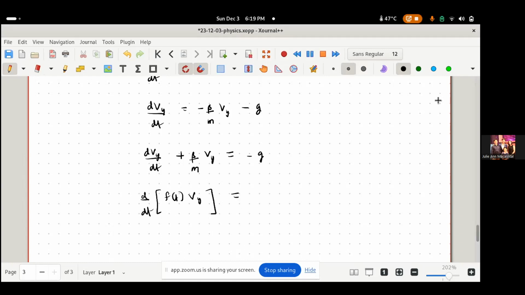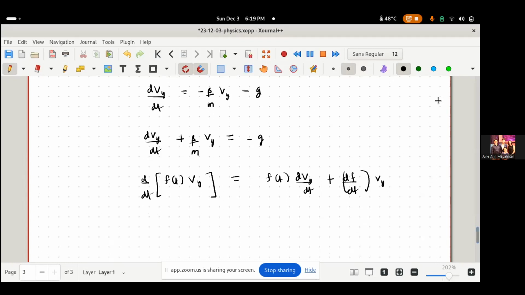It looks like f of t times vy. When we differentiate f of t times vy, we get f of t dvy dt plus the derivative of f with respect to t times vy. This is the product rule.